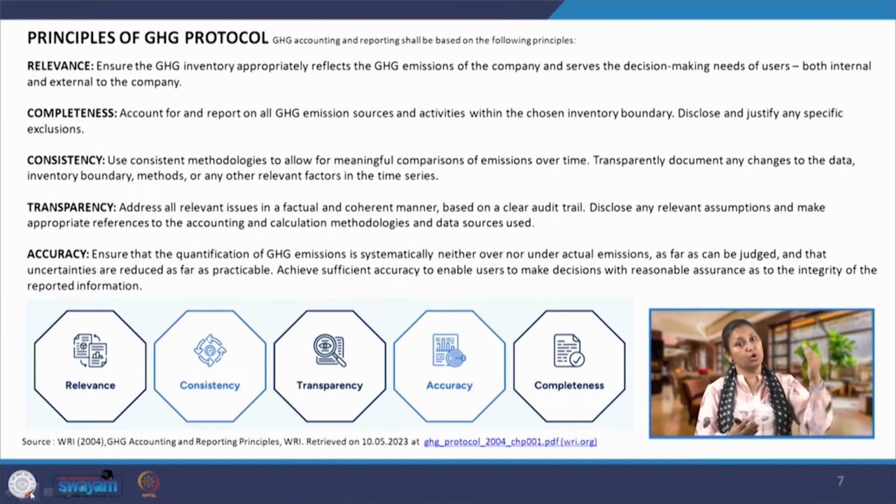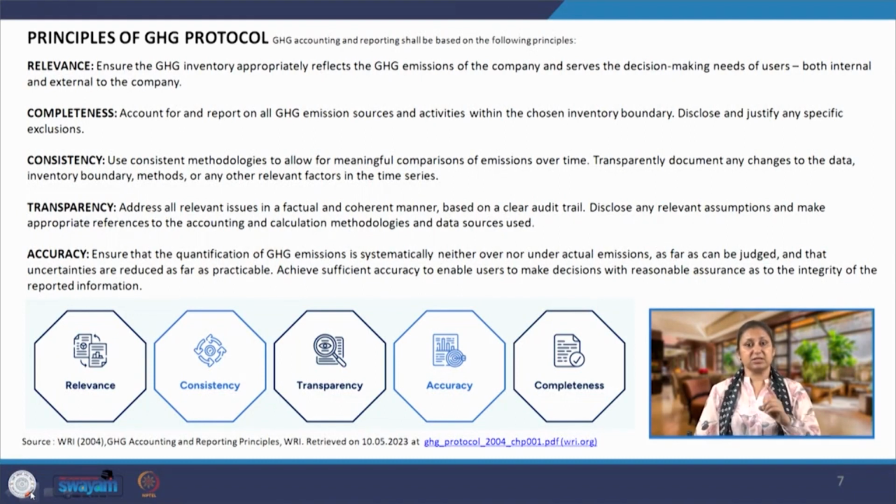And also over time, if the same company 10 years back calculated its GHG emissions using certain methodologies, and 10 years later uses different methodologies and then tries to compare, that is not a comparable data set. So, this is consistency: we have to use methodologies which are consistent over time and over similar activity elsewhere.